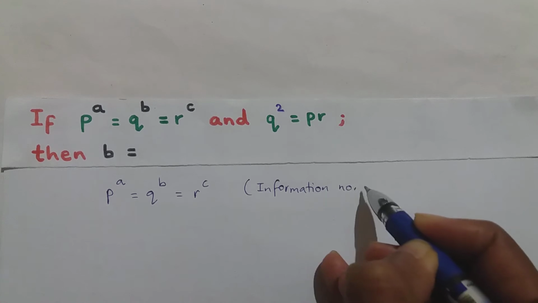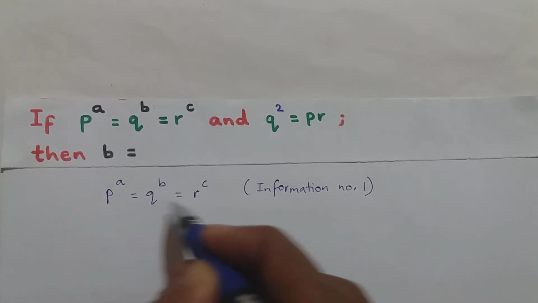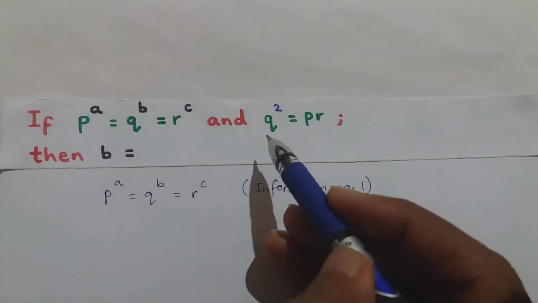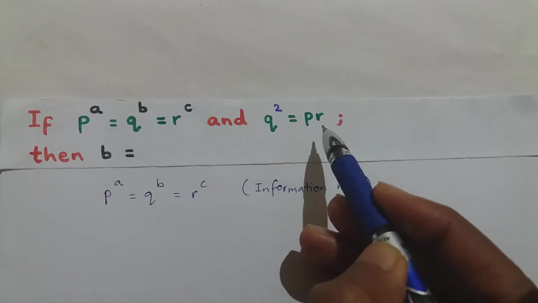This is information number 1, and we also know that q square is equal to pr.